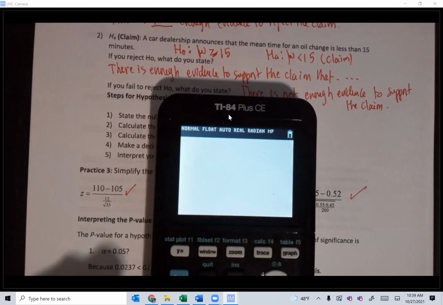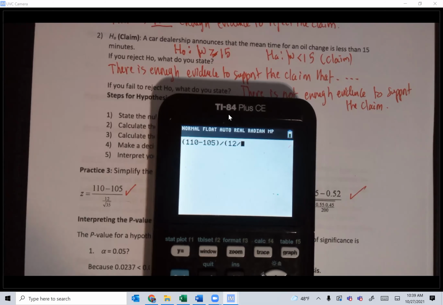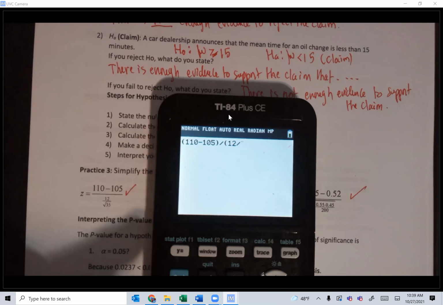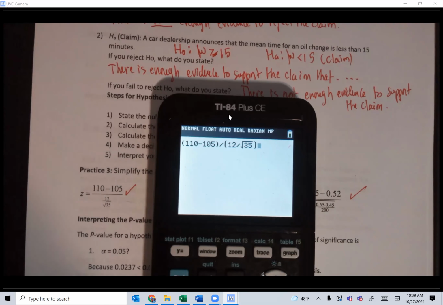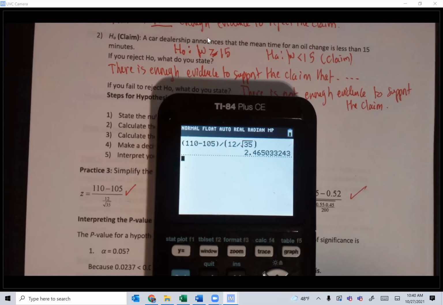You put open parentheses first and put 110 minus 105. And then put division and put parentheses again and enter the fraction, guys. 12 divided by, as you learned in chapter 6 and 5, I taught you how to do those square roots. So you press second, x squared, and 35, and close. And I'm going to pause here until a student tells me what the answer is. That is correct.